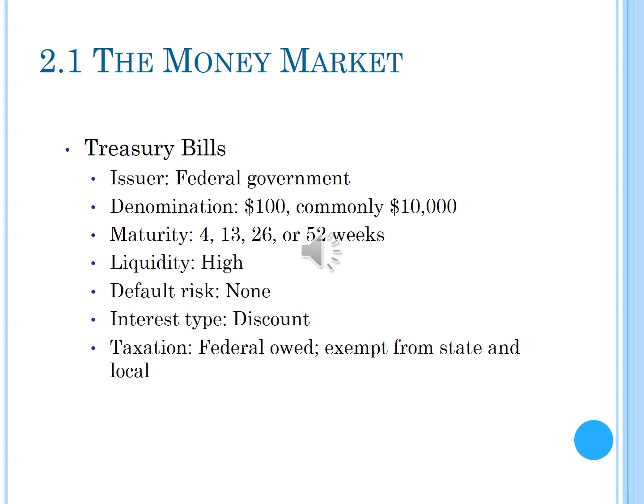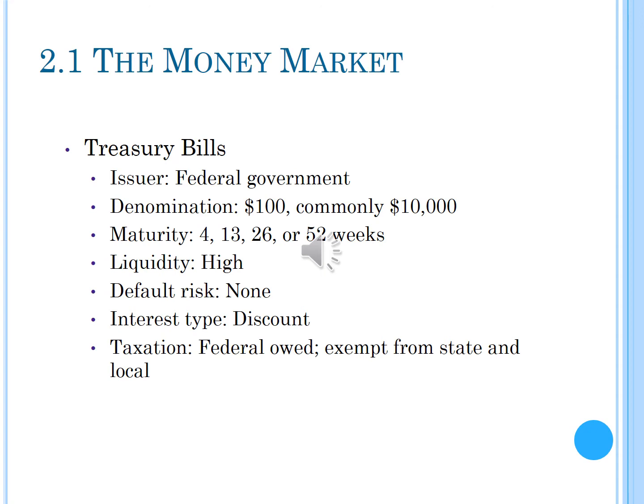The T-bills are highly liquid. That is, they are easily converted to cash and sold at low transaction cost and with little price risk. And unlike most other money market instruments, which sell in minimum denominations of 100,000, the T-bills sell in minimum denomination of only $100, although $10,000 denominations are far more common.